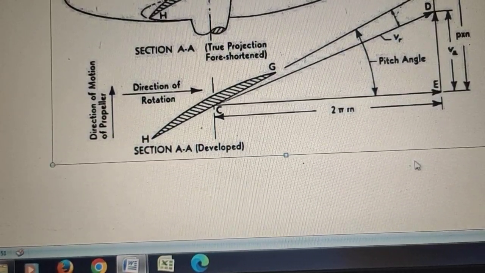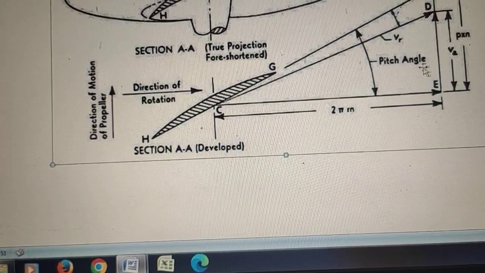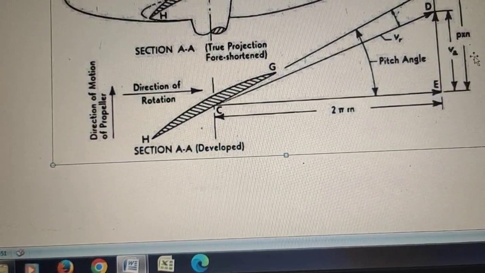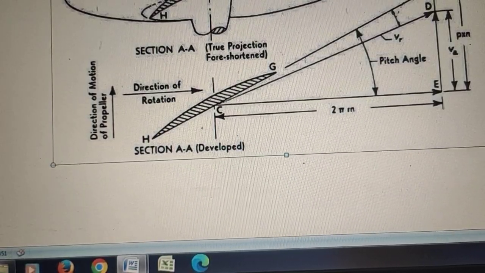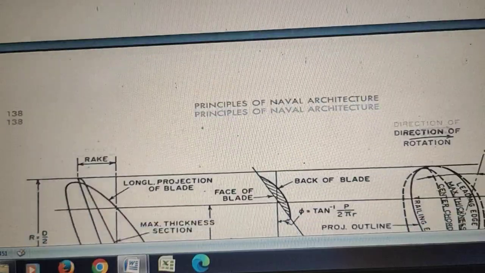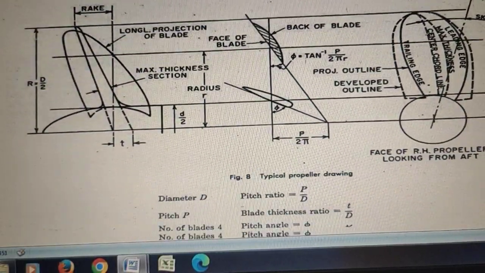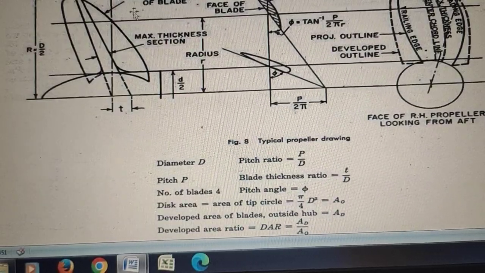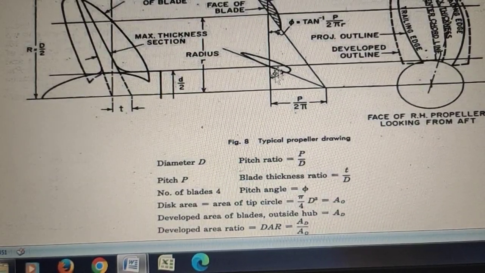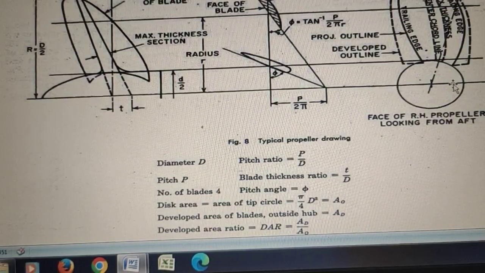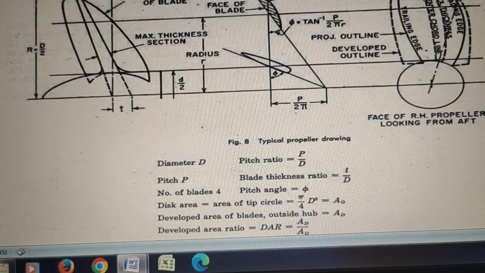Okay, and then this is the pitch angle, from which we can get the pitch, but we will see more about the pitch as we go down. The pitch times the number of revolutions, you can see here, this is the radius again, this is the longitudinal projection, and these are leading edge, trailing edge, as I've shown you before.